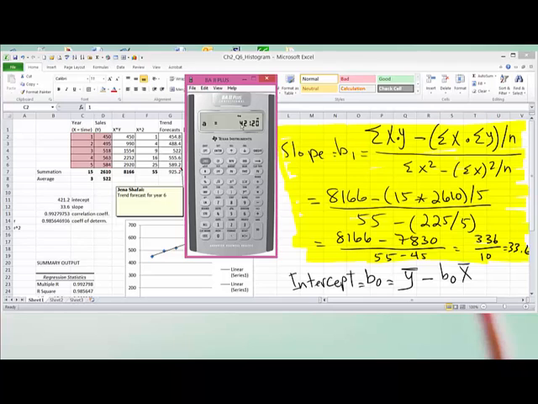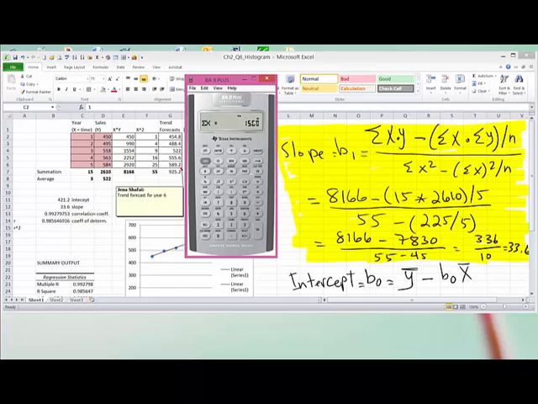A is the intercept for this calculator, and B is the slope for the line. R is the correlation coefficient, which we computed before.